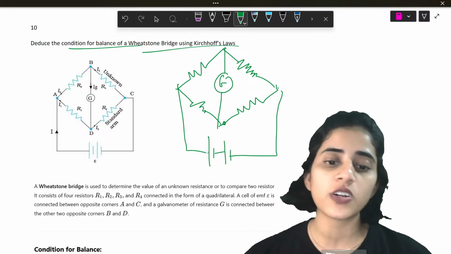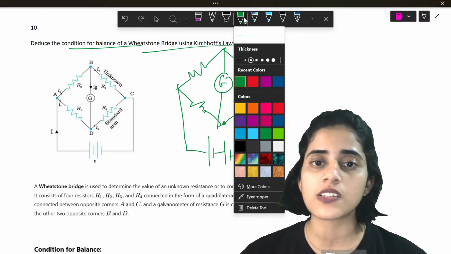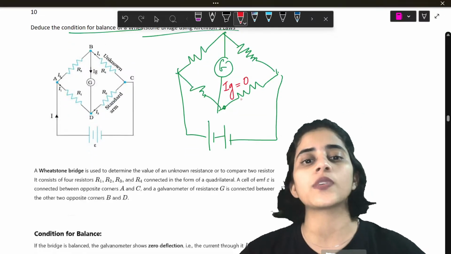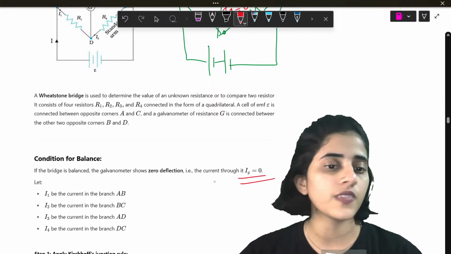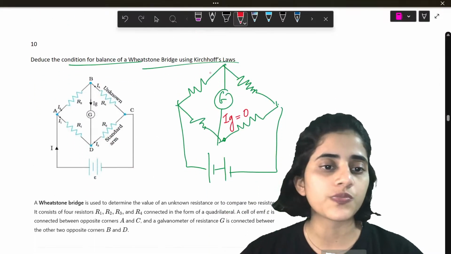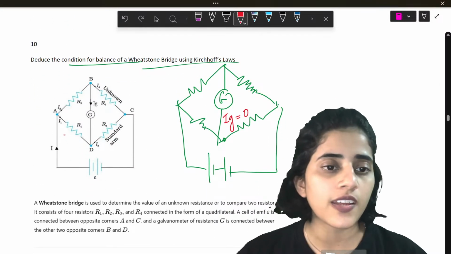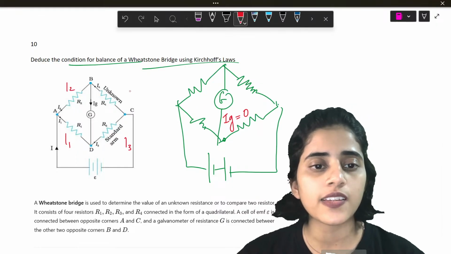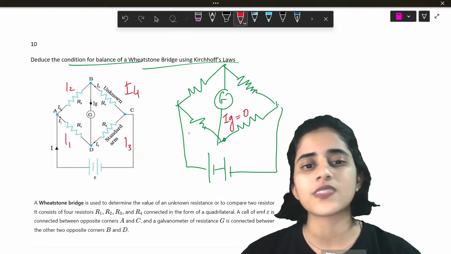When there is zero deflection, the current through the galvanometer is 0, which means Ig is equal to 0. Now you have I1 here, I2, I3, I4.